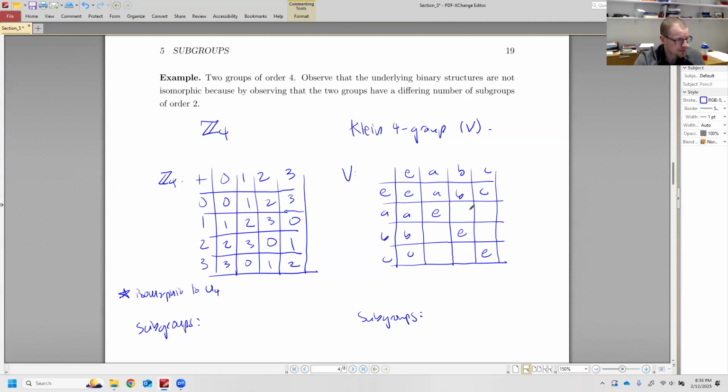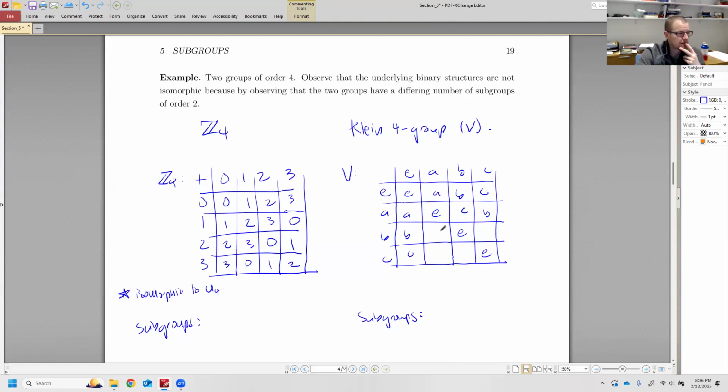Now I'm going to fill this in as A times B is C, and A times C is B. Now, we're essentially forced into that because I can't have B in this column here because B is already in the column here. Similarly, I can't have C in this column here because C is already right there. So I'm forced into that.